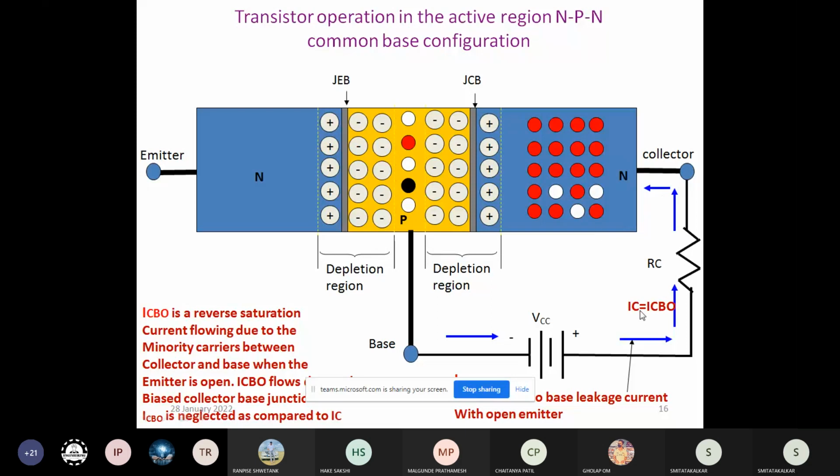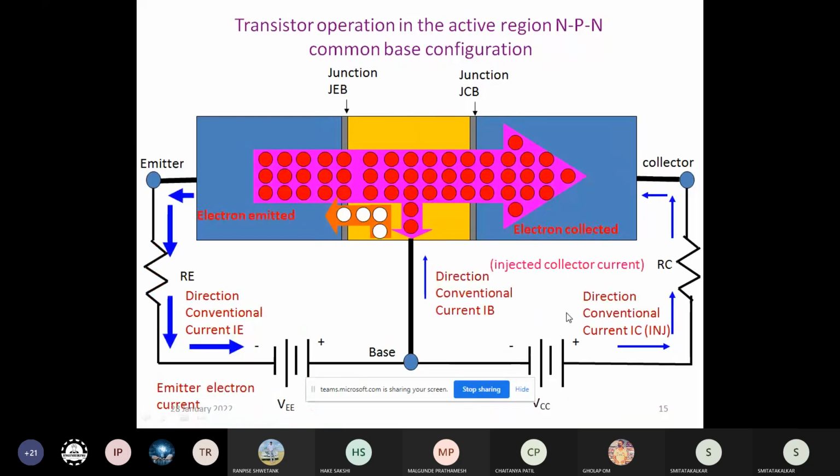That's why here the collector current IC is equal to the injected collector current, because the injected collector current is maximum electrons flowing before the junction.